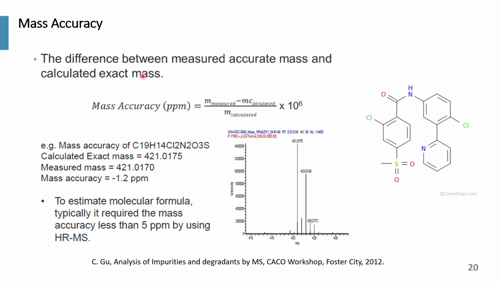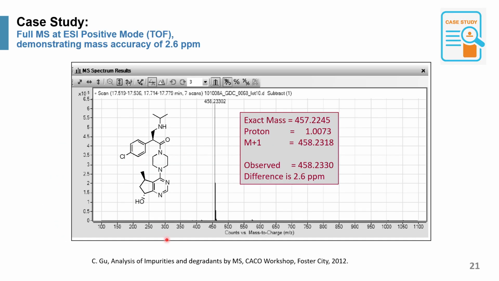Mass accuracy is the difference between the measured accurate mass and the calculated exact mass, which gives you mass accuracy, typically measured in ppm. Here's one example of this particular molecule, where one gets a mass accuracy of minus 1.2 ppm. Another example of this drug molecule, which is an AKT inhibitor, gets a measurement of 2.6 ppm.